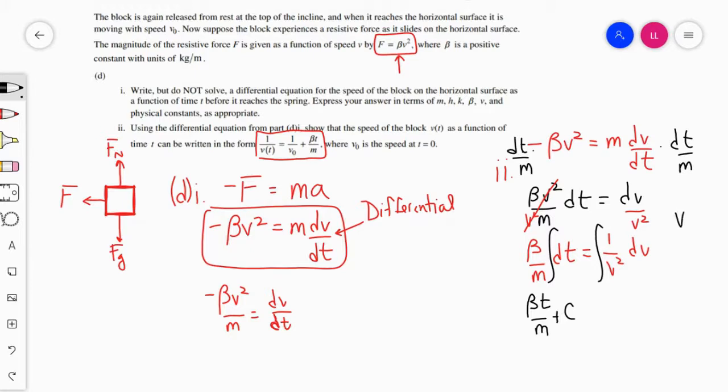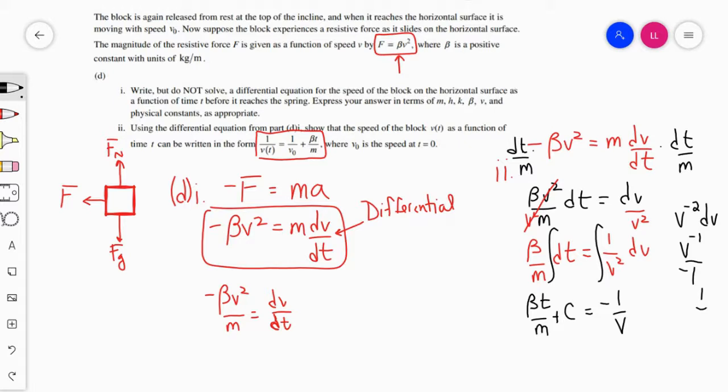But you have to remember, the natural log only applies when it's 1 over anything to the first power. So I can rewrite 1 over v squared as v to the negative 2 dv, which when I follow my rules, I end up with v to the negative 1, not negative 2. So I write a negative 1 there. So over negative 1, and this becomes negative 1 over v. And so there's our function.